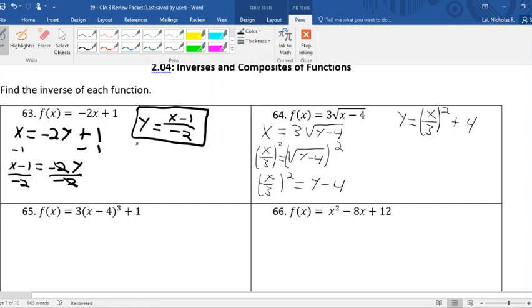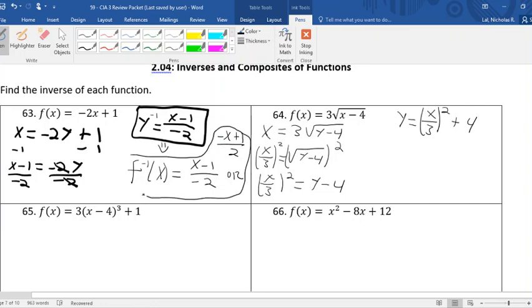Now, one thing I actually need to do is write things in inverse notation. So I want to finally write f to the negative 1 of x using inverse notation. So the inverse of f of x is x minus 1 over negative 2, or you could also write negative x plus 1 over positive 2.